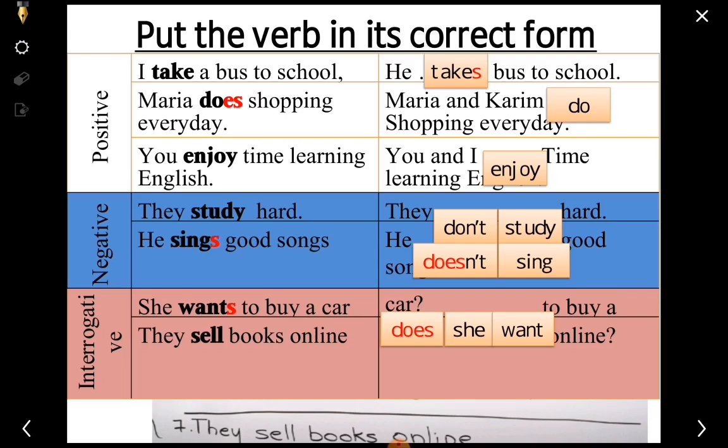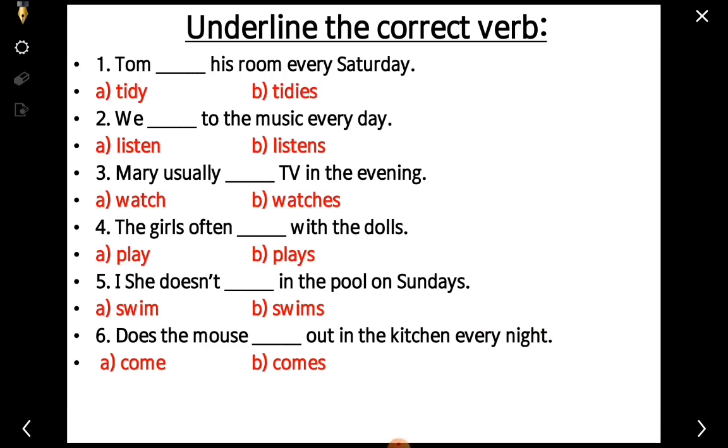Does she want to buy a car? In the interrogative form, we have they sell books online. So what should I say? Yes, do. All right. Do they, the subject, sell books online? Very good.